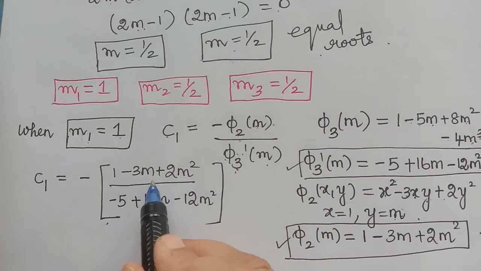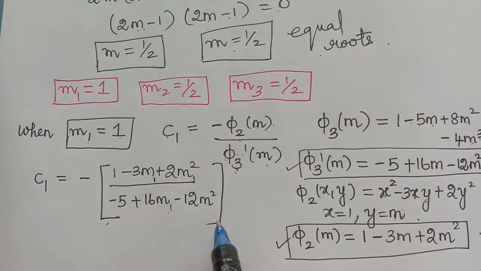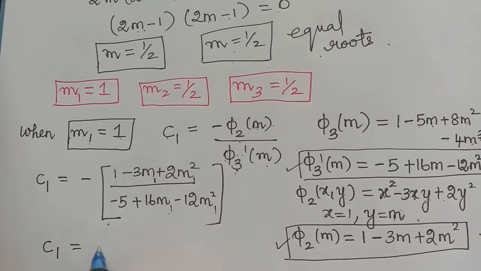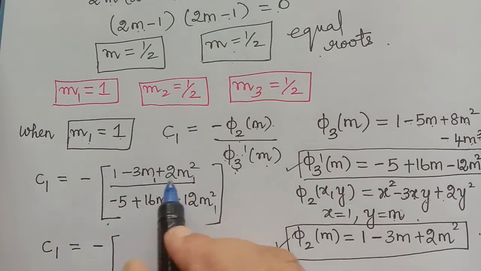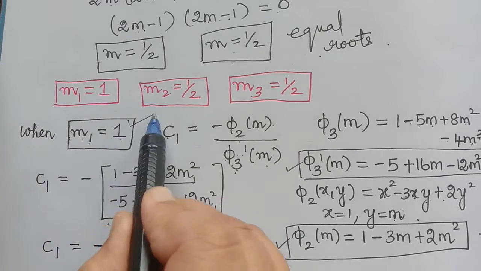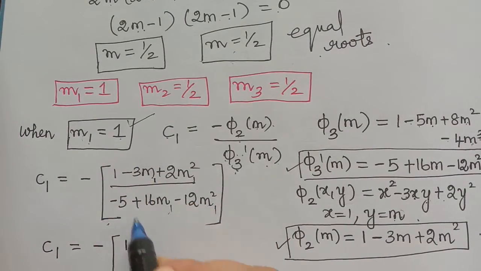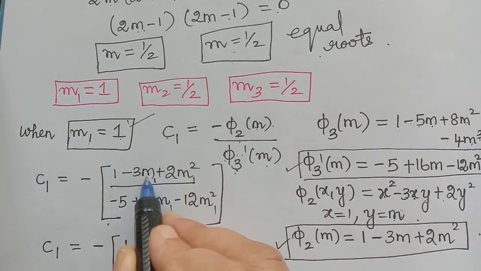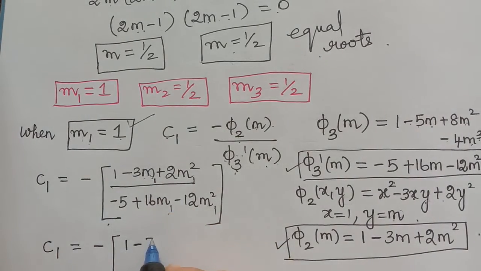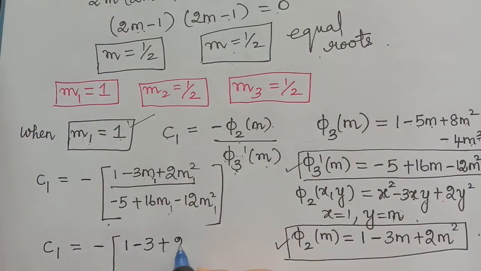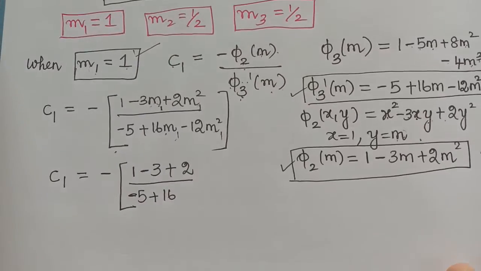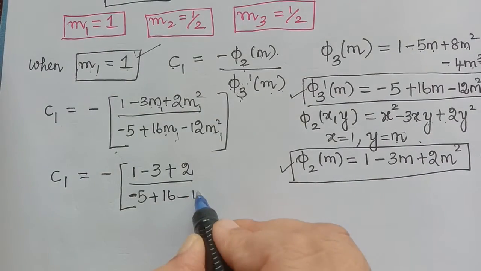Because we are finding C1, here we will be using M1 completely. So therefore C1 will be equal to minus of, instead of m we have to put 1. So when we do so, if m is 1 here, it will be minus 3 plus 2 divided by minus 5 plus 16 and then minus 12.